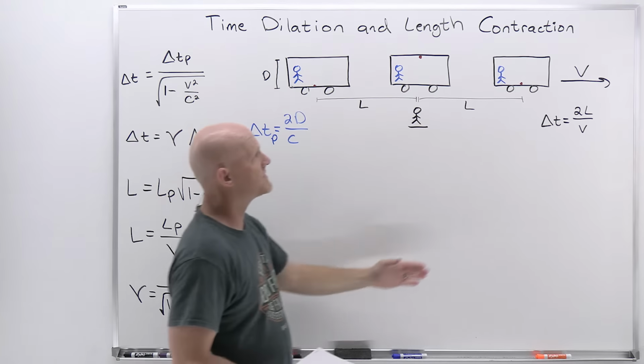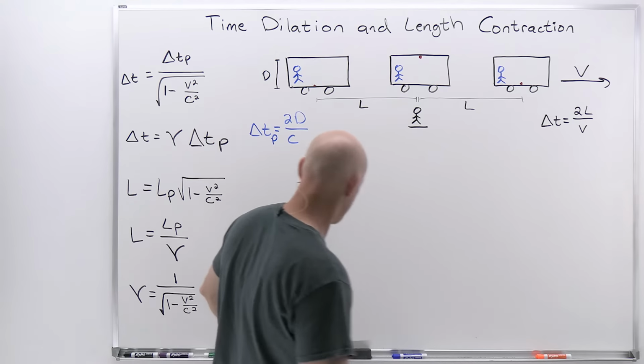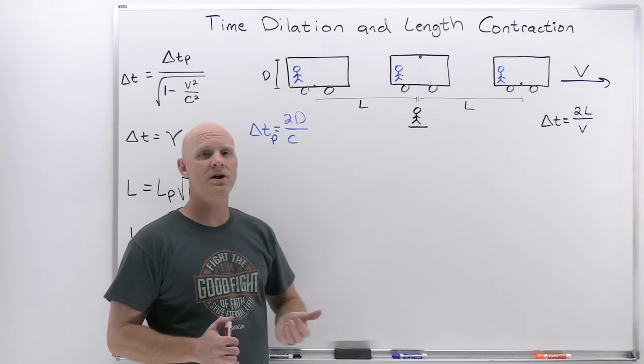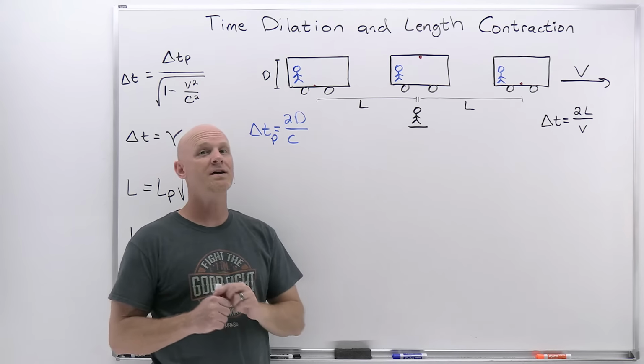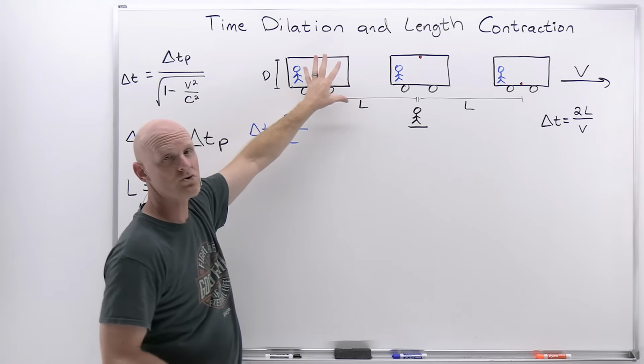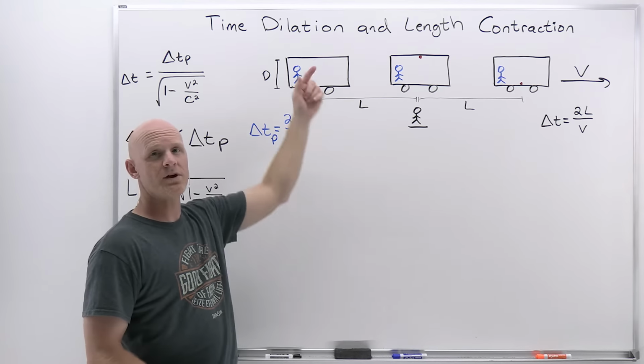So we want to take a look at this time from the stationary observer in one other perspective here. So just like the baseball, when I threw it up, it looked like it was going straight up and down as I walked across your screen, but for you, it looked like it had this parabolic trajectory. The same thing is true of the light here. For the guy in the train who's moving with it, it just looks like it went straight up and straight down.